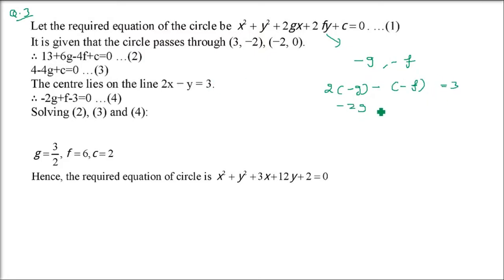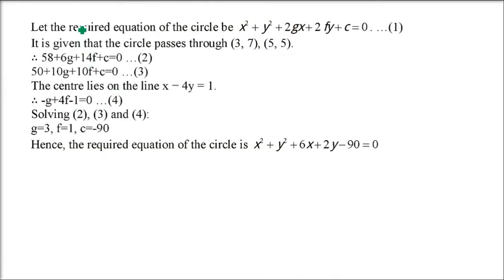So you get minus 2g plus f, take 3 here, minus 3 equals 0. Now this is minus 2g plus f minus 3. Take these 2 and 3, try to eliminate c, you will get another equation. As I told you earlier, to find g and f, just assume g and f as x and y, like we have done already to solve the equations. You will get all the terms.